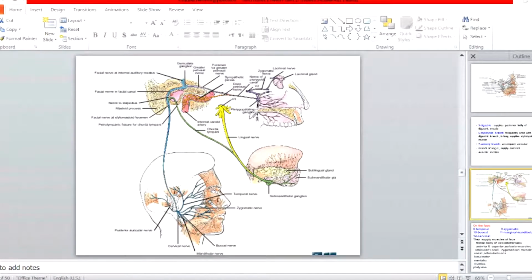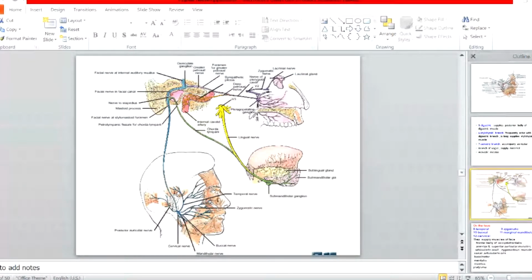Some of them continue with the facial nerve here. The greater petrosal nerve emerges from a hiatus in the anterior wall of the petrous part of the temporal bone, then passes in the floor of the middle cranial fossa to be joined by another nerve from the sympathetic plexus around the internal carotid artery.